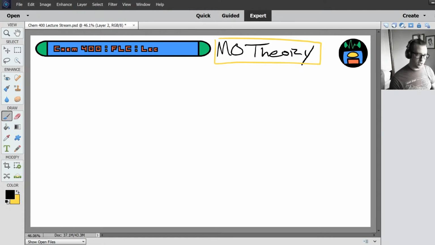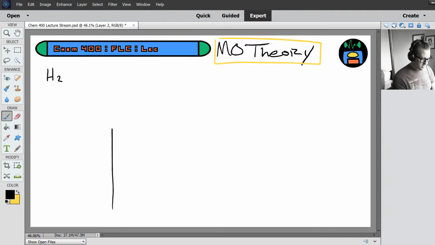There's a feature of this diagram that I want to emphasize. I drew it on Wednesday, but I wanted to make sure to bring it home. So again, I'm going to draw the molecular orbital diagram for hydrogen.